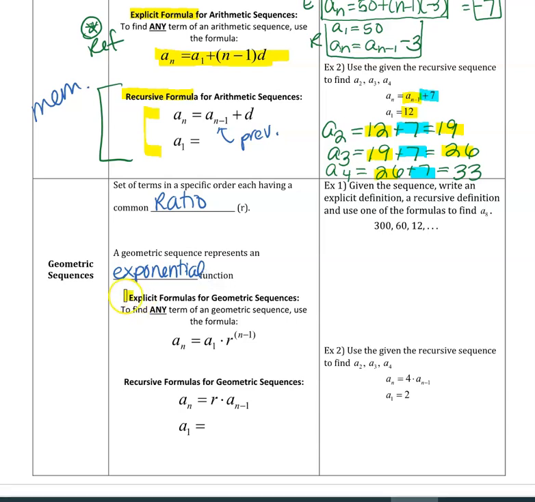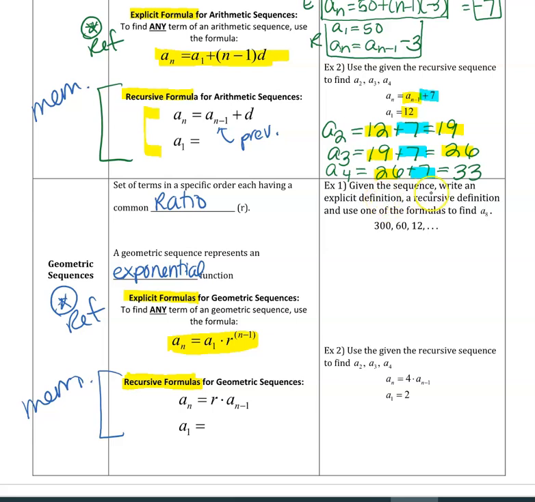Just like up above, explicit formulas allow you to find any term of a sequence. Recursive formulas are all based on the previous term. Additionally, again, explicit is on your reference sheet. Recursive needs to be memorized.